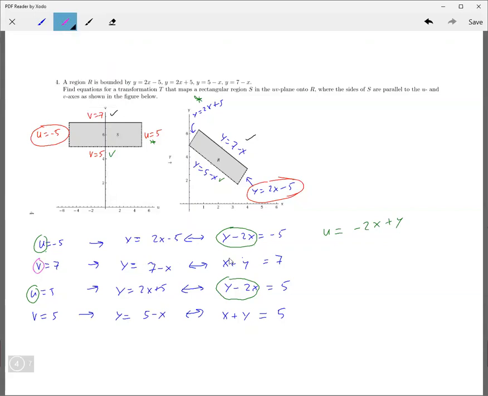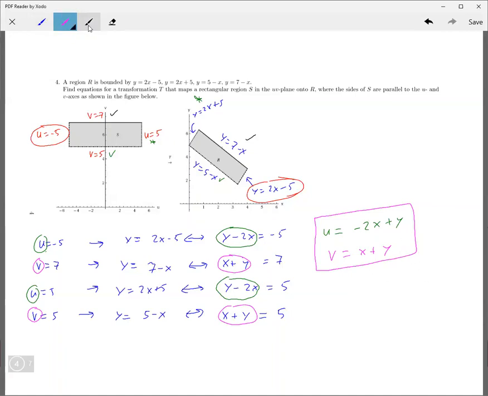And then we have v equals 7 and we have this equals 7. We have v equals 5 and we have this equals 5. So v is x plus y. Now I think it will accept these as the answers, because this totally defines the transformation.